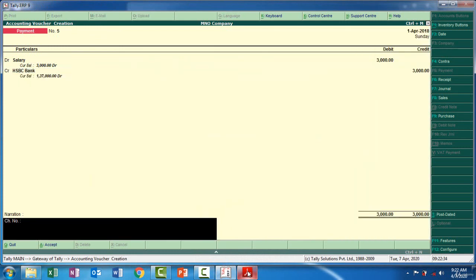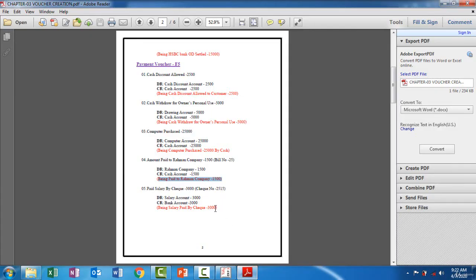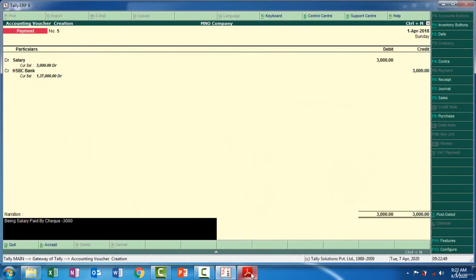So the narration is being salary paid by cheque 3,000, and we have to enter the cheque number 2515, then close, because when we look at this narration cheque number we issued, we can check it if anything is wrong.